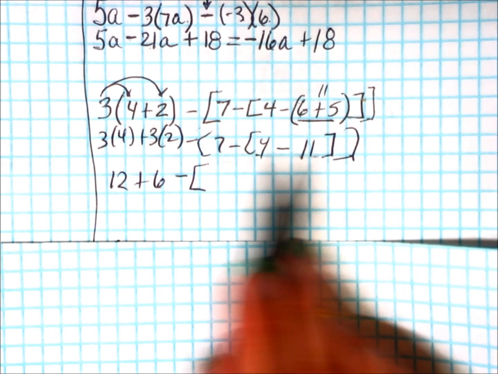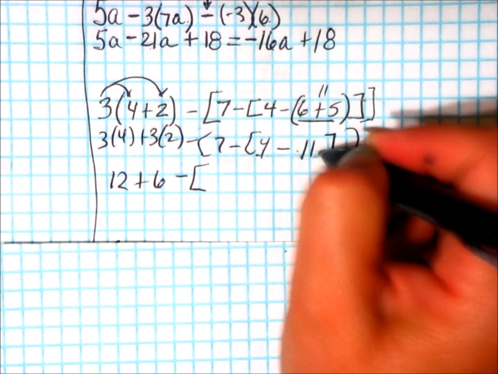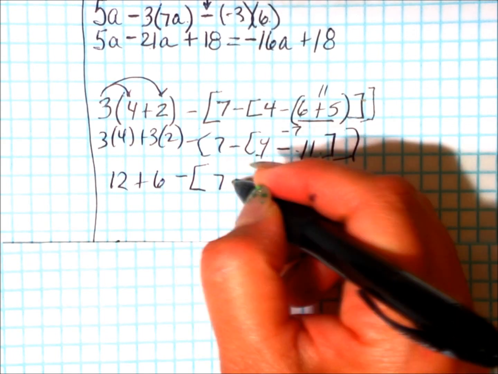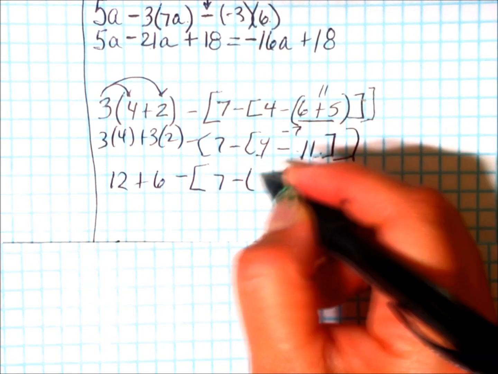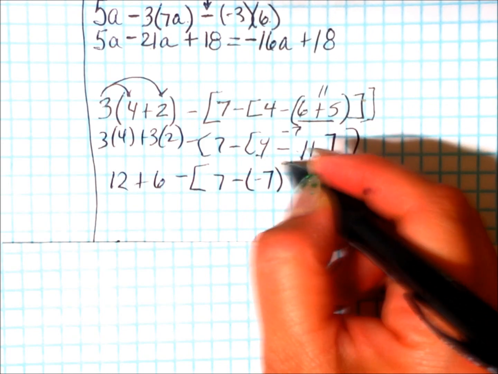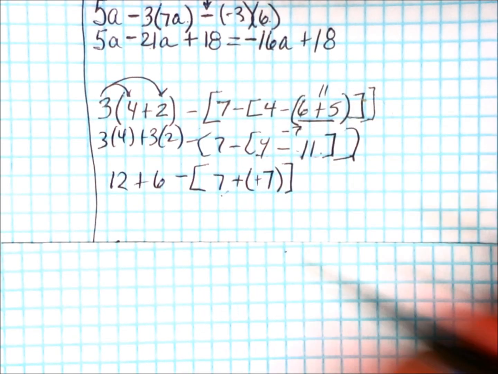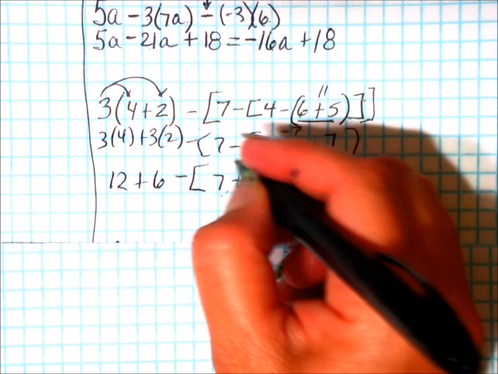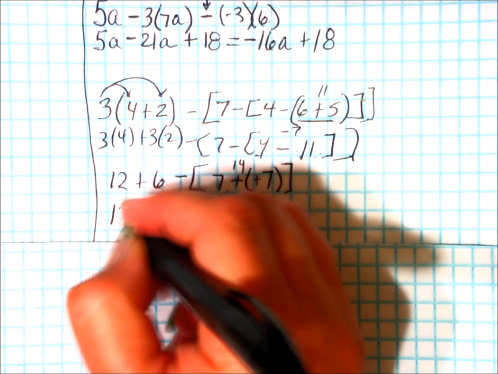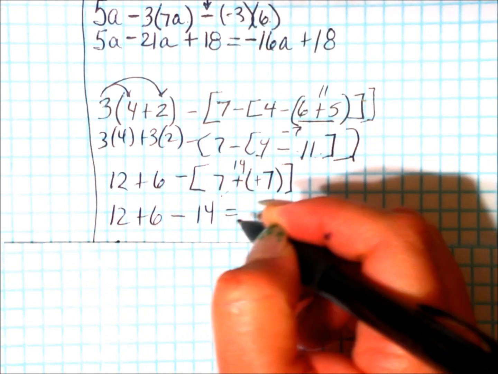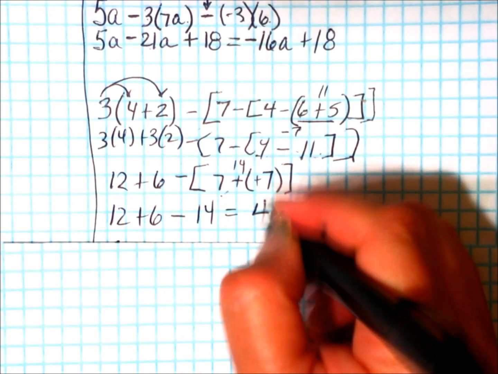Now I have to do inside of right here, and 4 minus 11 would be negative 7. So I have 7 minus negative 7. A minus minus would be a plus. So now inside these parentheses I have 14. So 12 plus 6 minus 14. And so I get a positive 4.